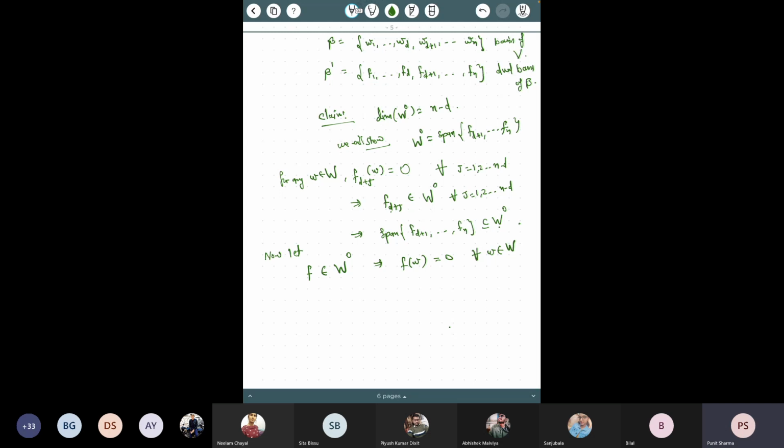Now we have to show that this f is actually a linear combination of this one, that it's in the span of this. Now can you tell me how to do that?